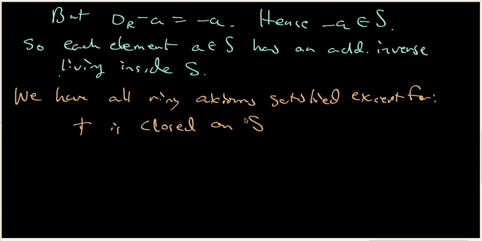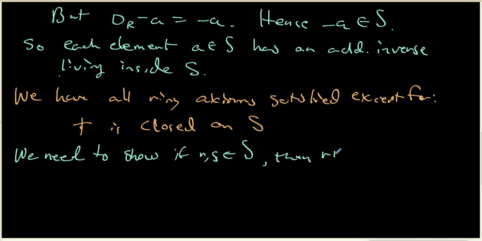Well, the first thing that we want to do is remember what it means when we say that addition is closed. In other words, we need to show that if R and S belong to set S, then R plus S also belongs to set S. That's our goal.